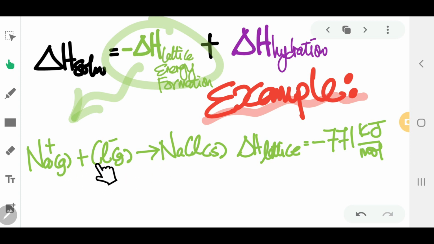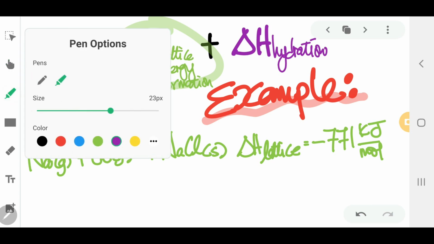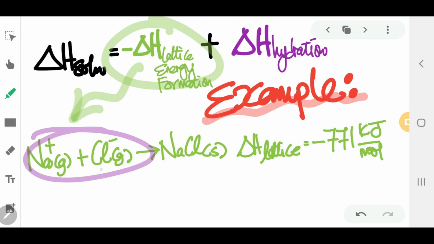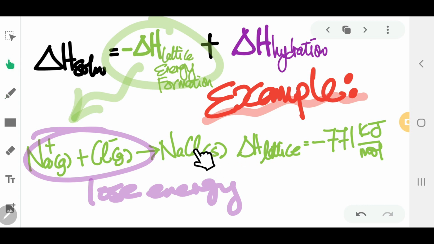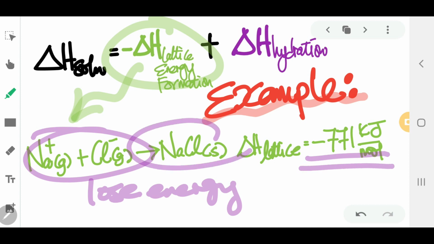When Na+ and Cl- lose energy, they are going to lose some energy to make NaCl solid, and thus that is the amount of energy you need to give off in order to form the ionic solid.